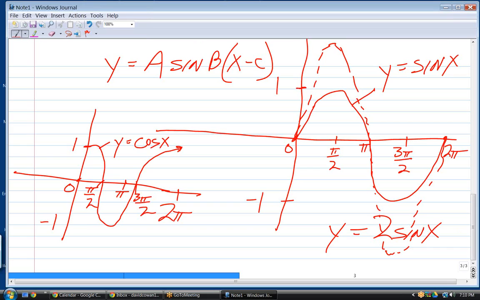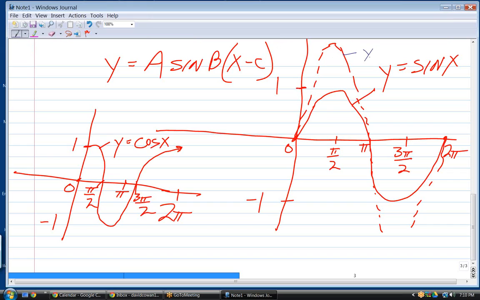What is the consequence of B? It's a horizontal stretch factor. Okay? So what if I had the sine of 2x? Let's label all of these. Here, let me label this one.